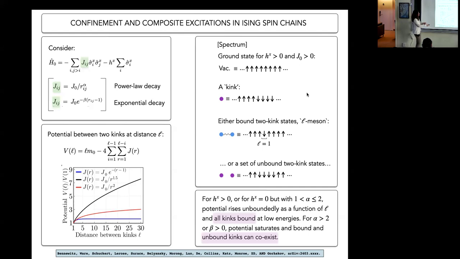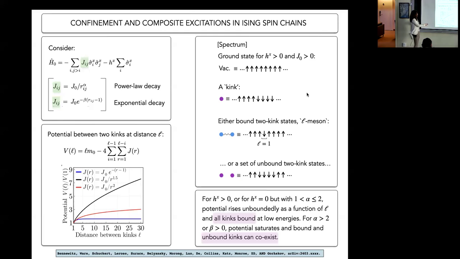So then you can actually look at what range of the alpha parameters in the power law interactions and the beta parameters would give you interactions that are unbounded, like confining. But in some cases, you could also have interactions that saturate. In this case, you can have just the bound excitations at low energy, everything bound.